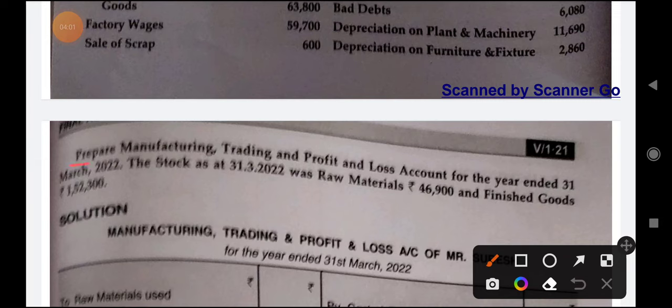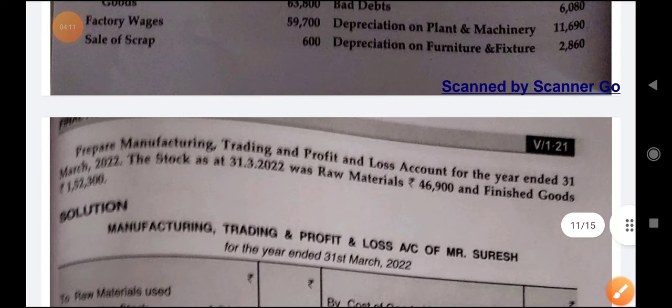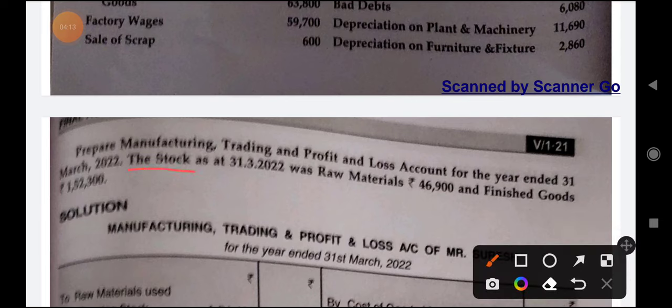What they are saying: prepare a manufacturing, trading, profit and loss account for the year ended 31st March 2022. Stock as at 31st March 2022, that means closing stock. Raw materials is 46,900.